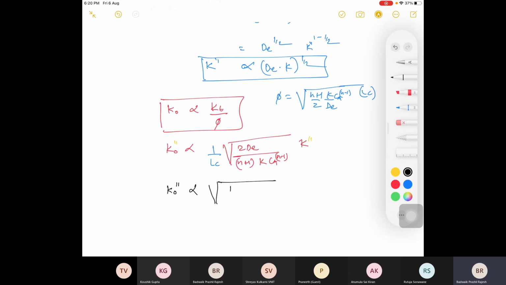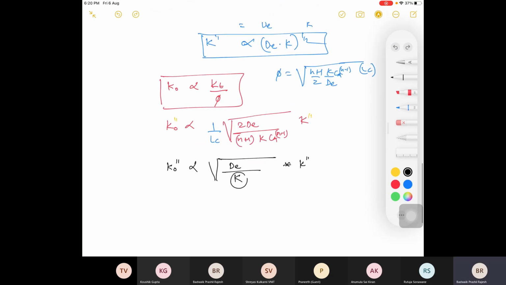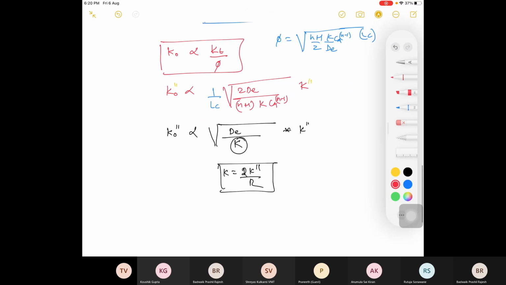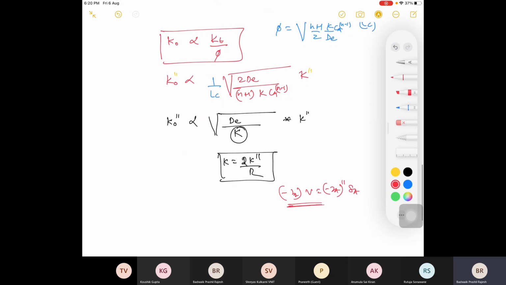So here K observed double dash is directly proportional to, I'm just writing terms, De divided by K and into K double dash. Now K is equal to 2K double dash divided by R. So this we have proved. You just need to take minus Ra into volume equal to minus Ra double dash into surface area.